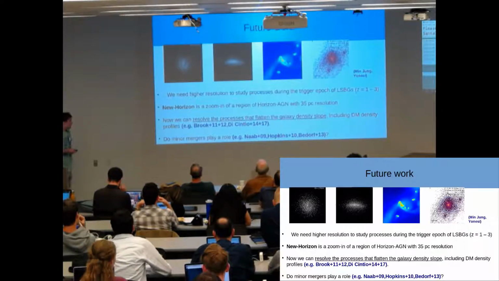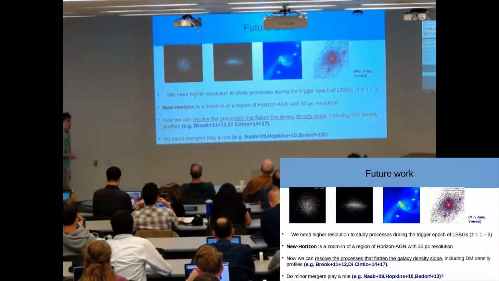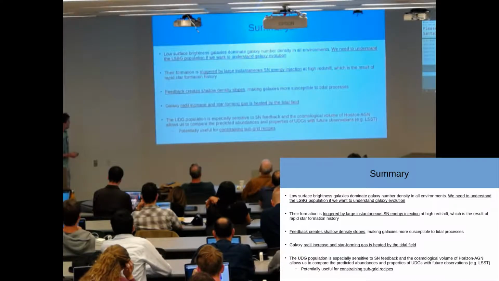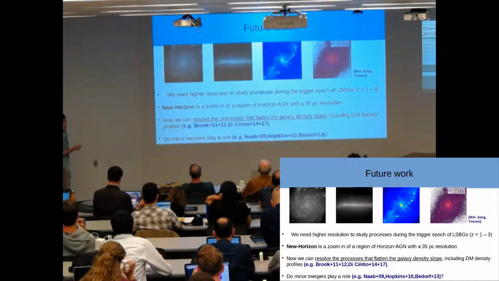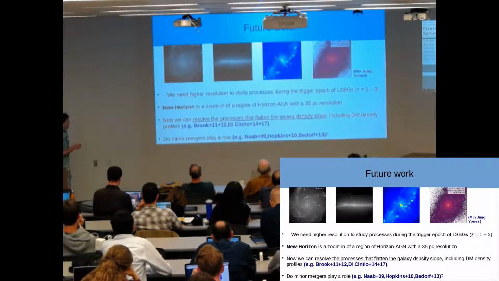In terms of future work, we need higher resolution to study this triggering epoch where you have the supernova feedback. So this is a galaxy in Horizon-AGN. And this is the same galaxy matched in New Horizon, which is a 4 gigaparsec, so fairly large volume zoom of a region of Horizon-AGN with 35 kiloparsec resolution.